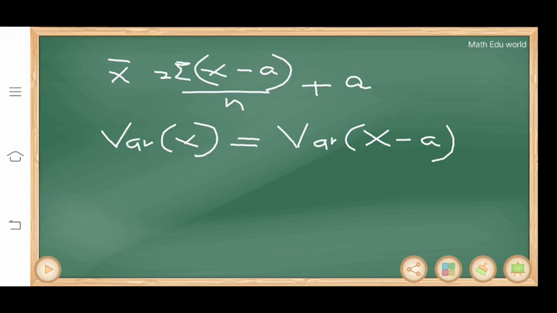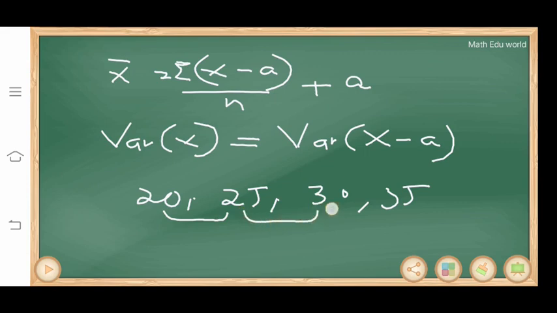Like 20, 25, 30, 35, suppose we are coding these values. See how widely they are spread: with a unit of 5 each.